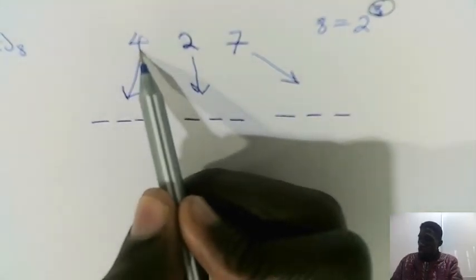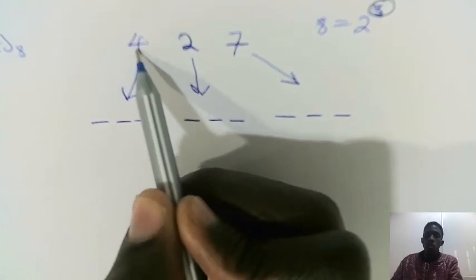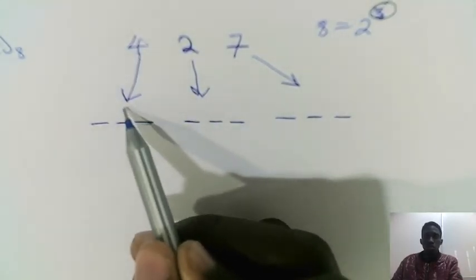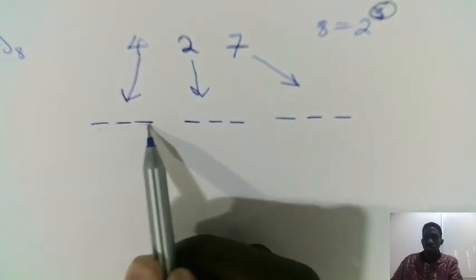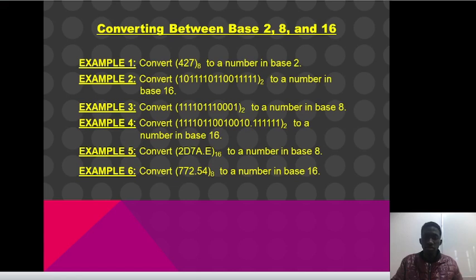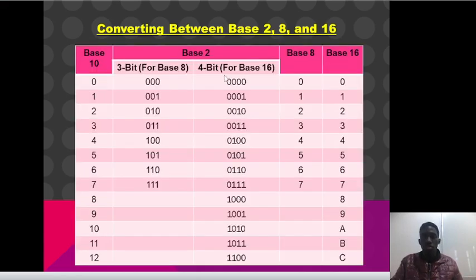So we have to find the equivalent of 4 in base 2, but we have to keep it at 3 bits. That's where the table comes in. That's where we employ this table.